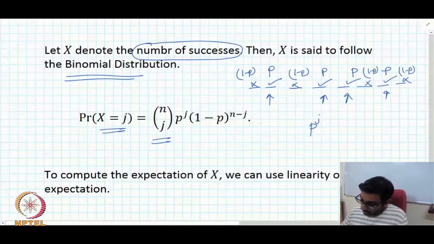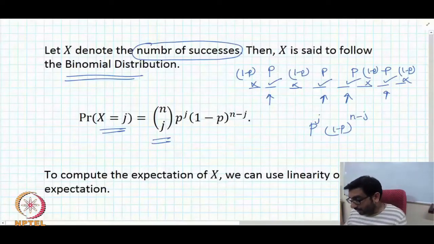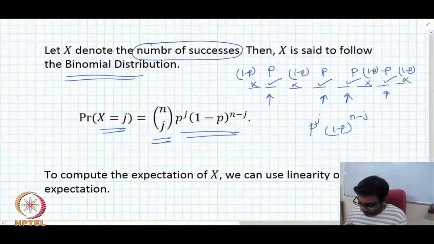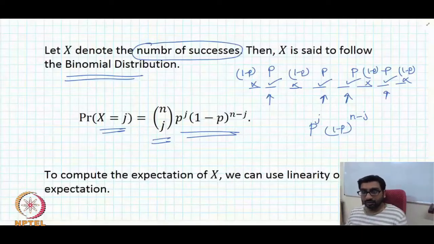That's 1 minus P raised to the power n minus J, where since there are n locations, J have been successes, and n minus J is the number of failures. And this is the probability of X taking the particular value J.